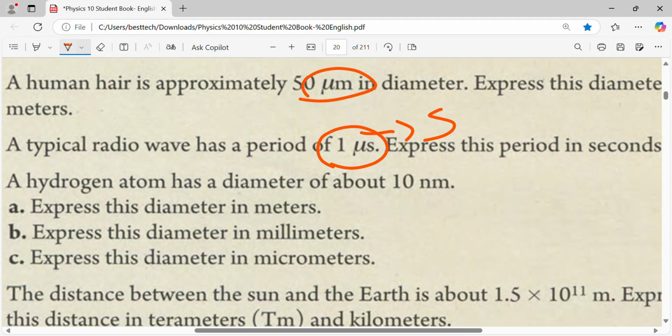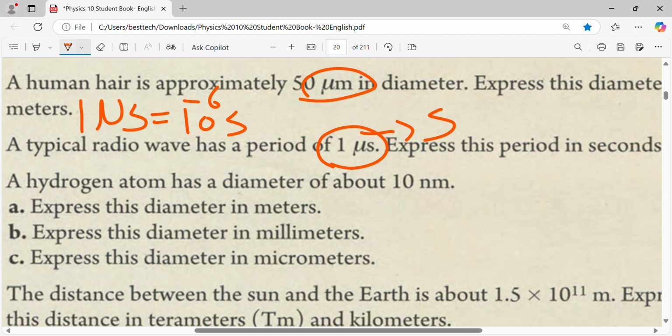In meters, 1 micrometer equals 10 power negative 6 meter, but here it is second, so 1 microsecond is equal to 10 power negative 6 second.